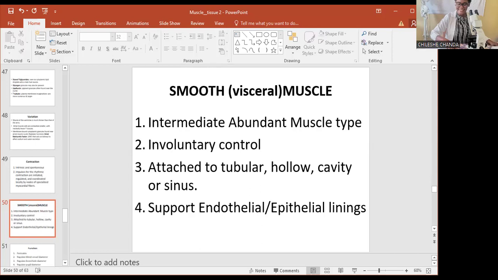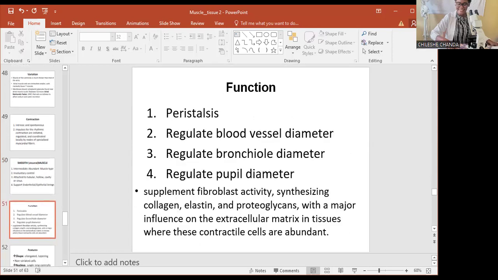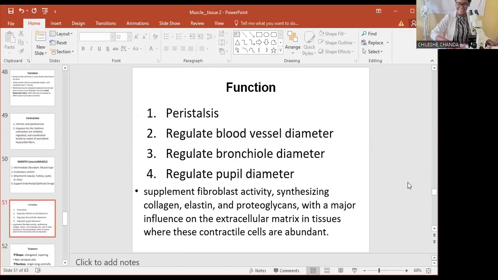It is involuntary and attached to tubular, hollow cavities or sinuses, for example the GIT and the blood vessels. These support endothelial and epithelial linings: endothelial linings in blood vessels, epithelial linings in organs such as the GIT. So you're going to find those there.